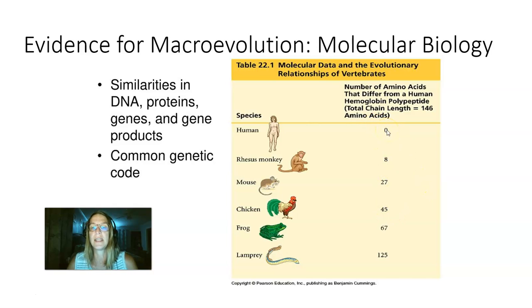And if you look at the number of amino acids that are dissimilar between humans and these different species in the hemoglobin protein, you can see that our hemoglobin protein is more similar to rhesus monkeys than it is to mice, and our hemoglobin protein is more similar to mice than it is to chickens. So the fact that all of these lines of evidence usually corroborate one another, put all together, it's hard to deny the evidence for macroevolution.